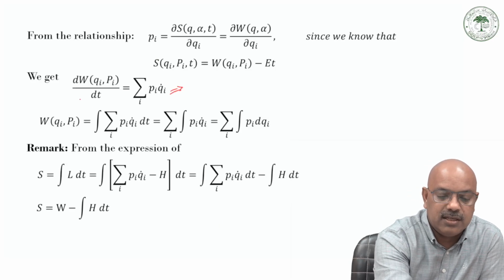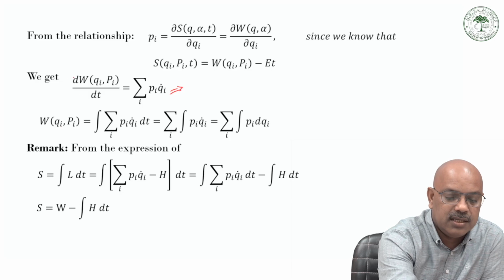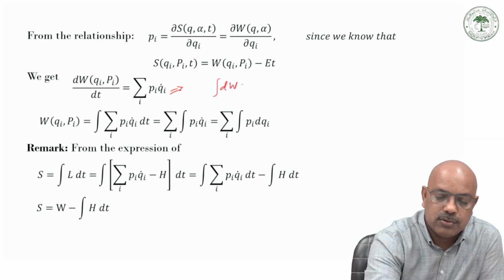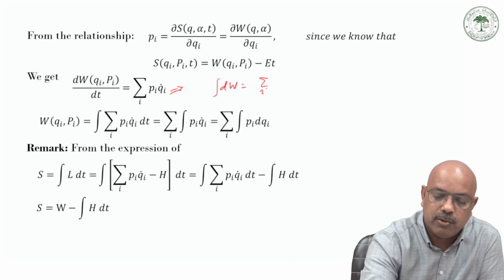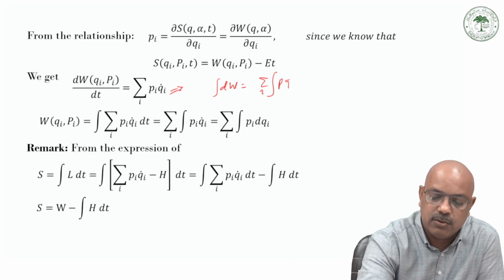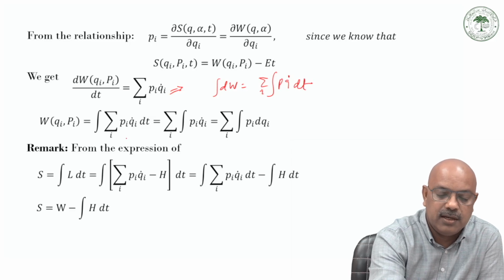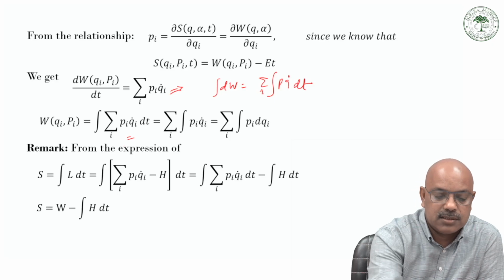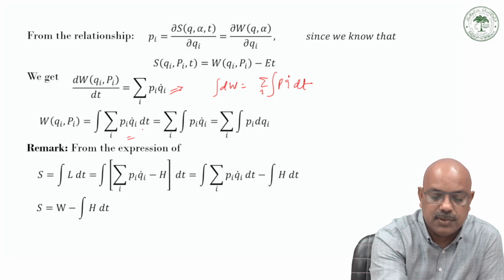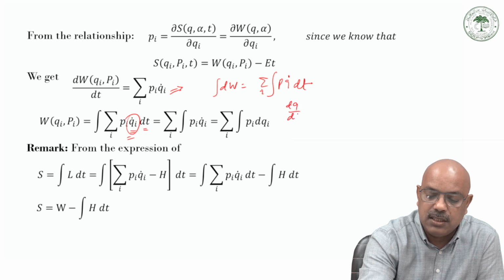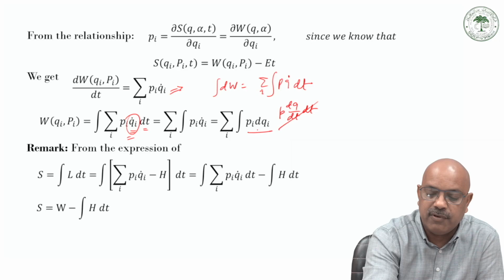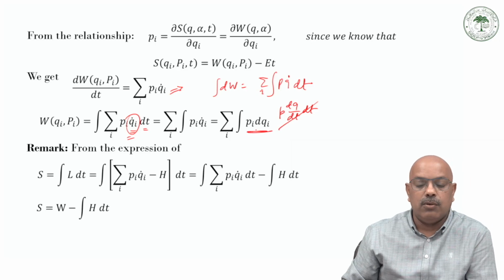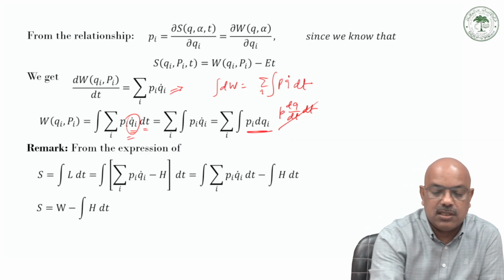Okay, and then if I integrate this, this is P Q dot dt. So if I integrate this, this is going to be dq by dt, and then I have dt and p, so the dt will cancel out. I'm going to have p times dq. Okay, so this is W.